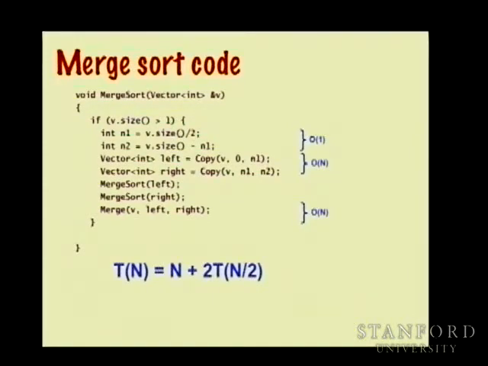So the input they're working on is half as big as the one I have. How much time do they take? Well, there's my recurrence relation that allows me to express it. T of n is n, which at this level represents the copy step and the merge step, plus the work it took to get the two halves in sorted order.